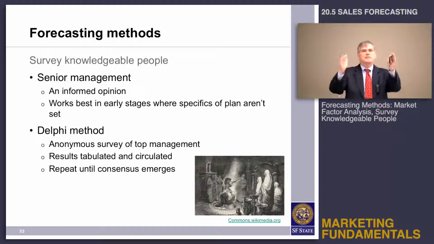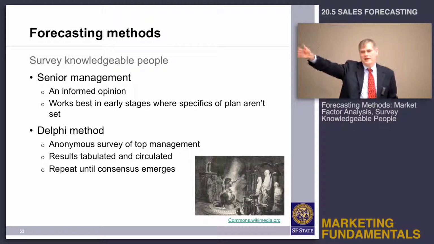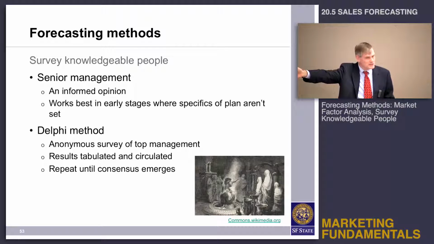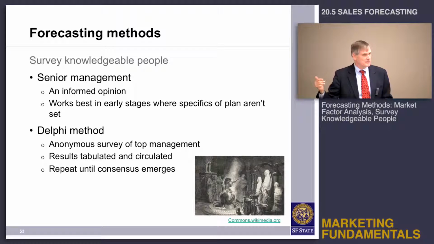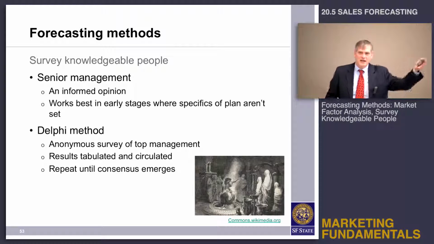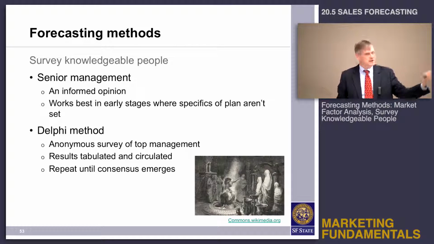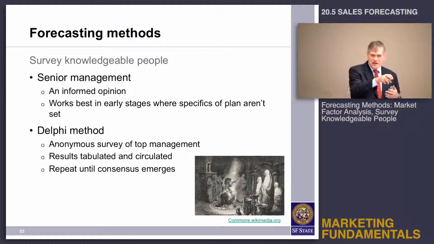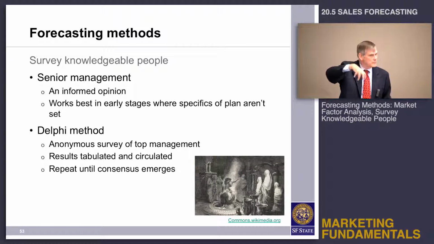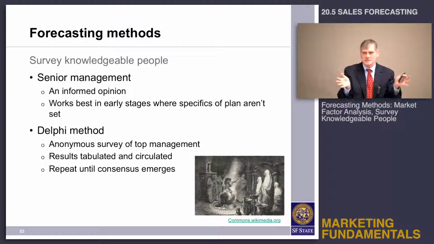So we have the capacity of selling 100,000 units, but we know that we're having trouble in the Midwest, so I'd knock it down 5,000 units because of that. And I know that they just passed a law in California where the minimum wage went up, so demand from California could be higher. Based on that, I'll increase it a little bit. And the idea is that you start out with your preliminary estimate and then you adjust it based on things that you know are going on in the marketplace.